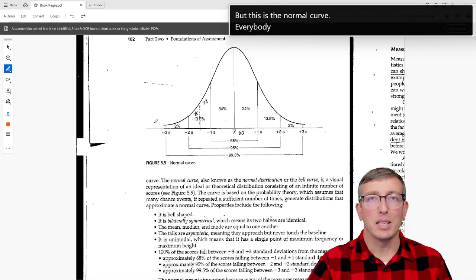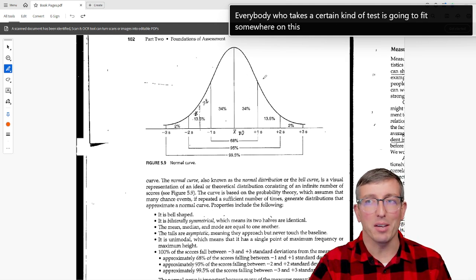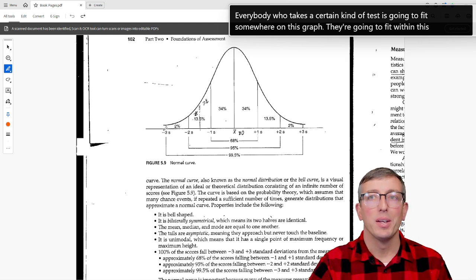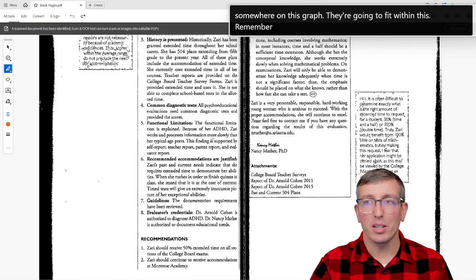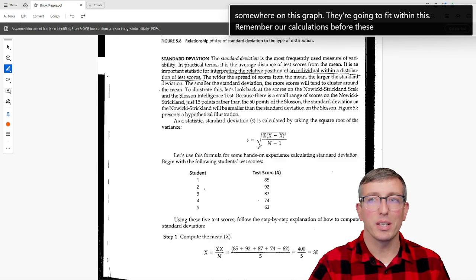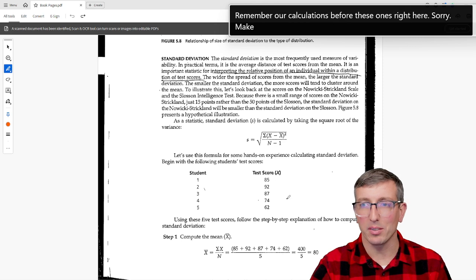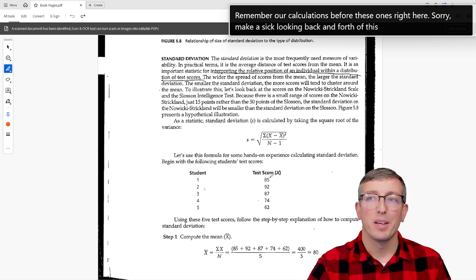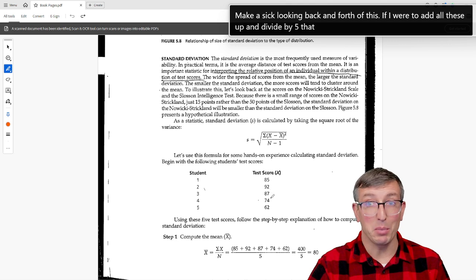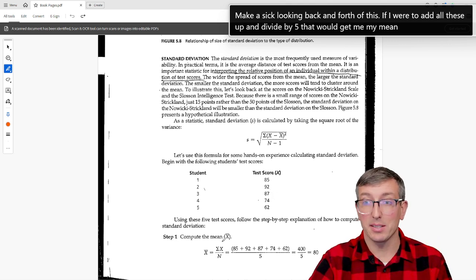Everybody who takes a certain kind of test is going to fit somewhere on this graph. Remember our calculations before? These ones right here? Sorry, I know it makes you sick looking back and forth. If I add all these up and divide by 5, that gets me my mean, right? That's this number right down here.